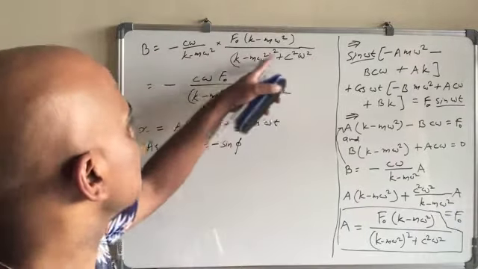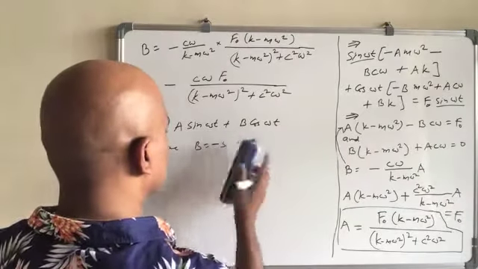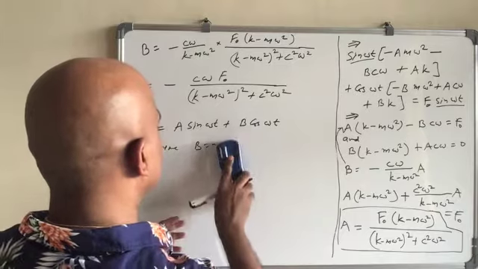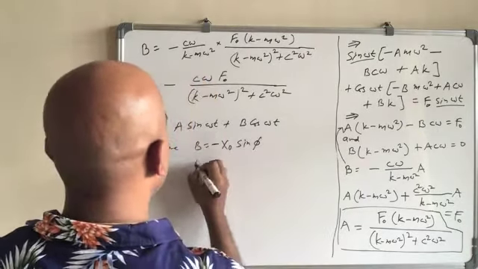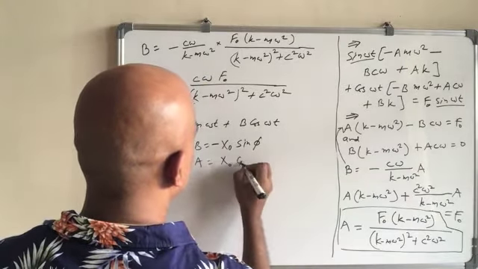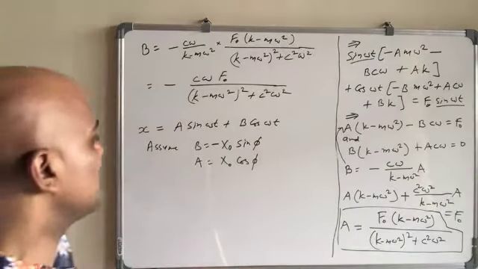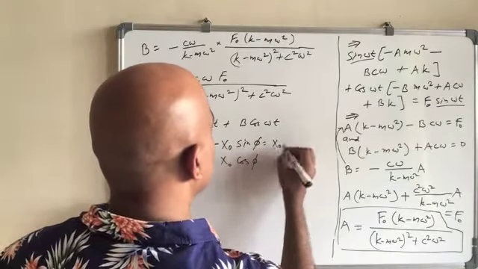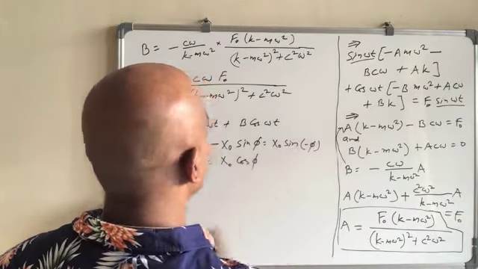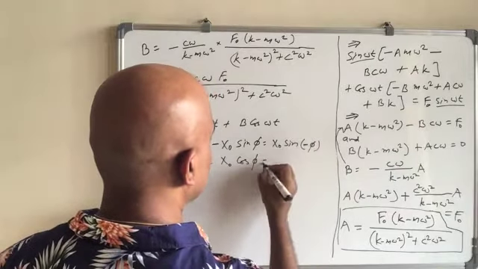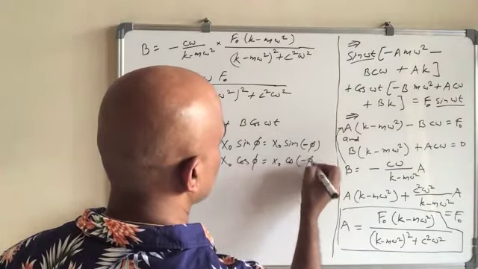So we write b equal to minus x naught sine phi and a equal to x naught cos phi. So how does it come? x naught sine of minus phi, that really means x naught cos phi.